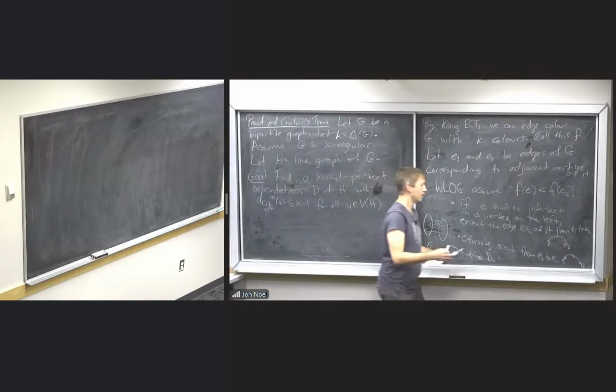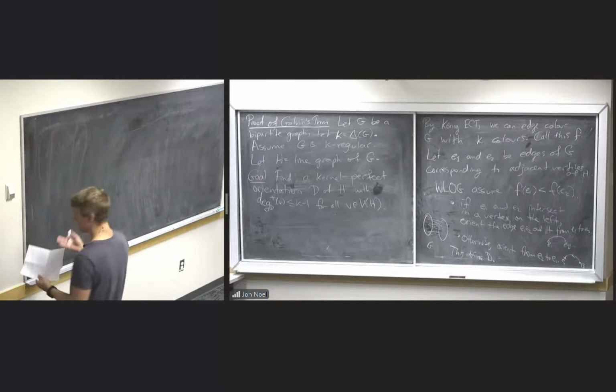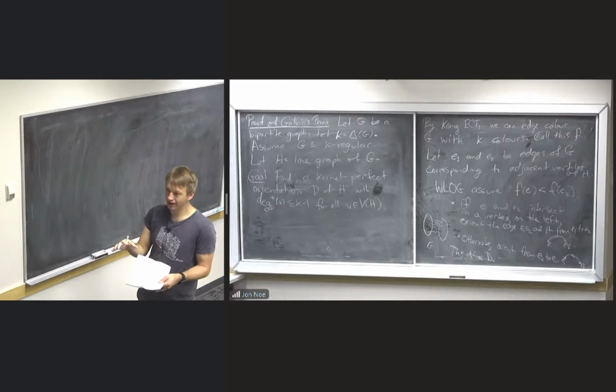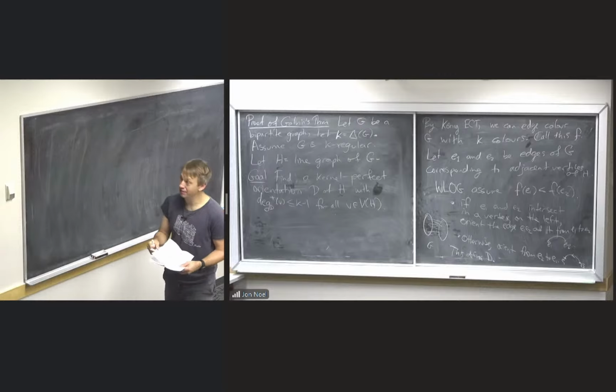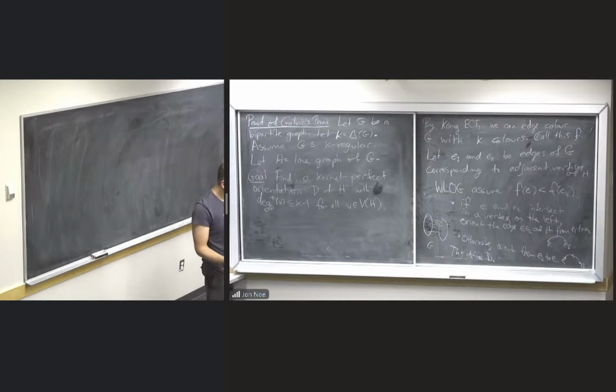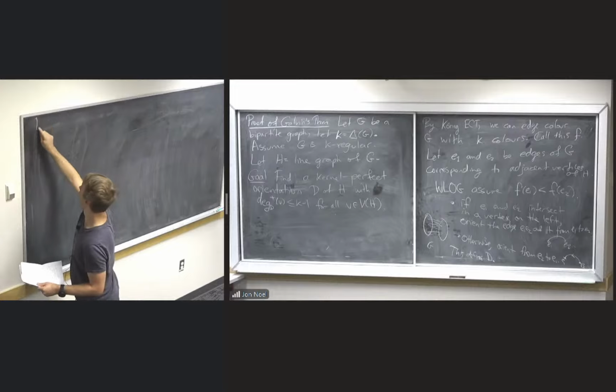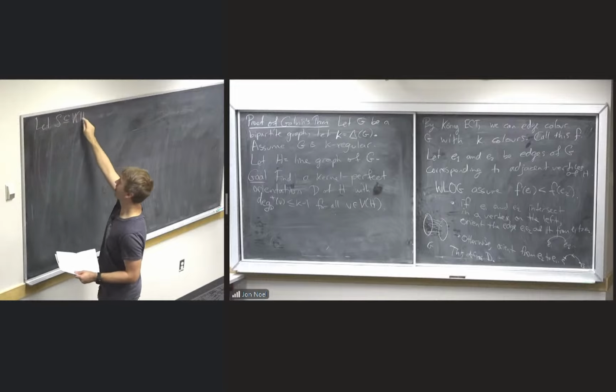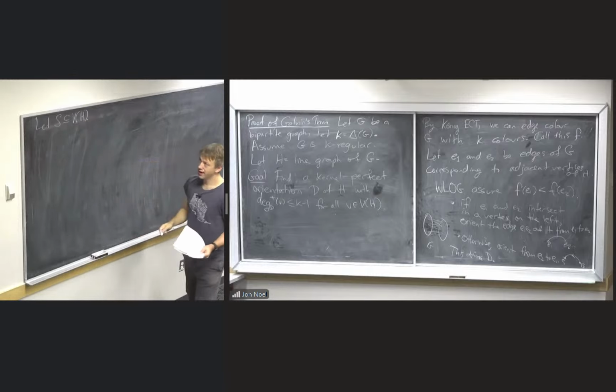Basically a subset of the vertices of H corresponds to a subgraph of G, a spanning subgraph. Okay, so let S be a subset of the vertices of H. I want to find a kernel in S. Or sorry, I want to prove D is kernel perfect.